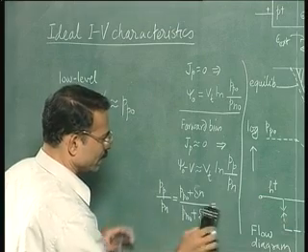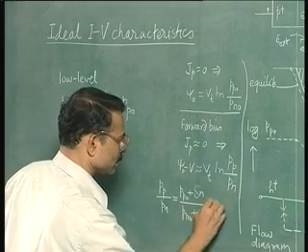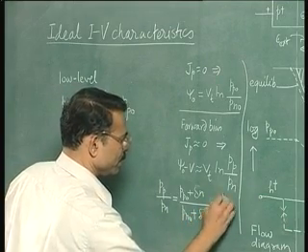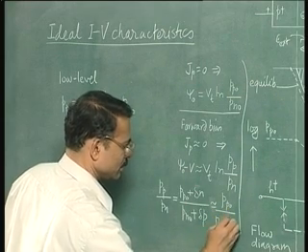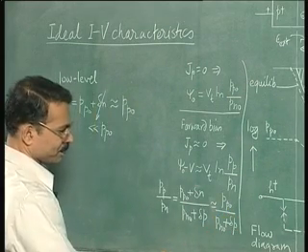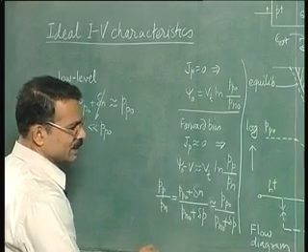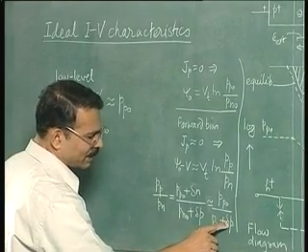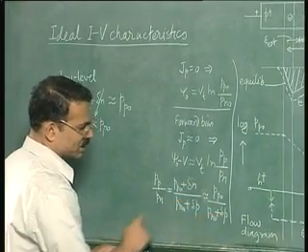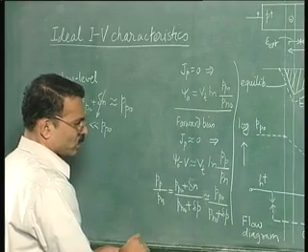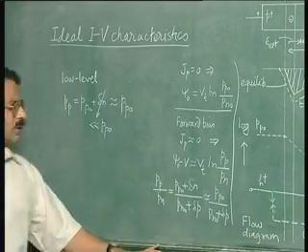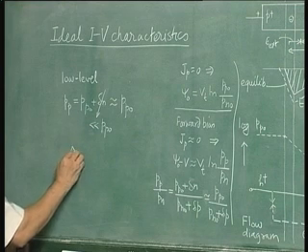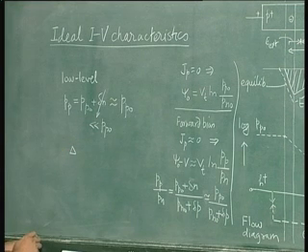This is approximately equal to pp0 upon pn0 plus delta p, where it is important to note that this delta P is a value at the depletion edge. So what we will do is we will use the symbol capital delta to indicate values at the depletion edge.